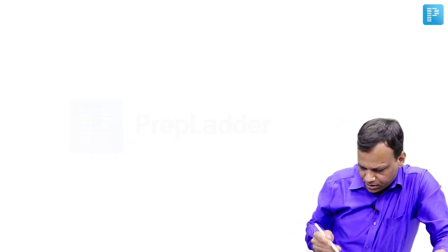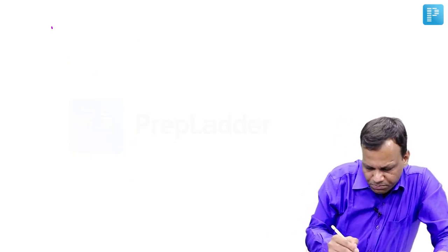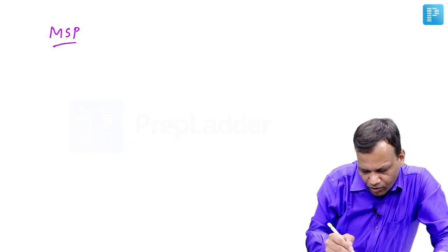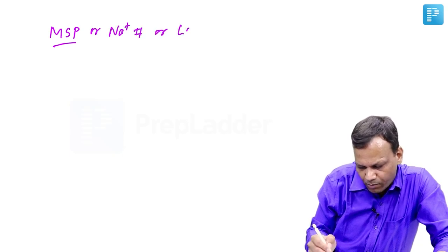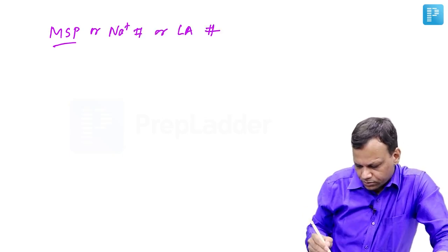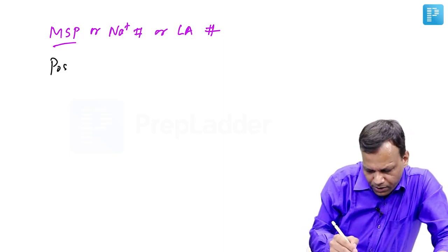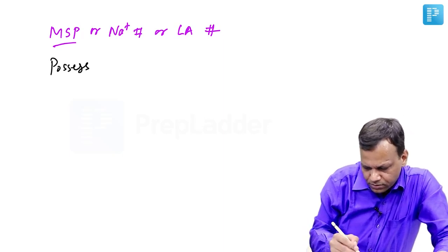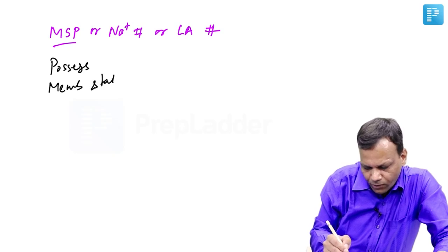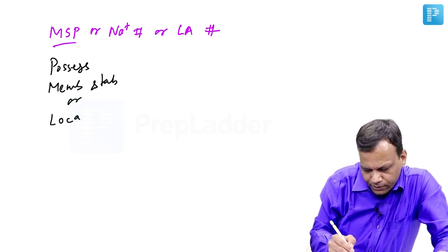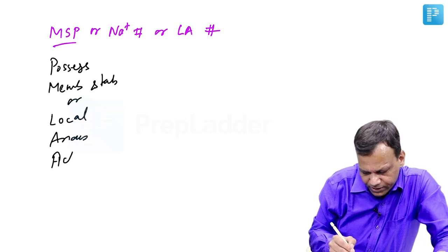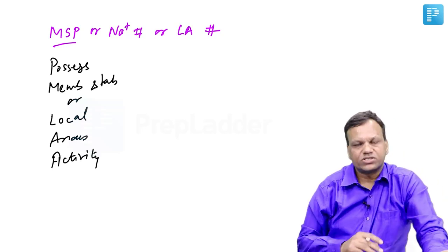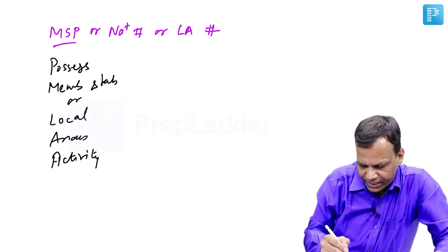Okay. Second important property of beta blocker is membrane stabilizing property, or we can say sodium channel blocking property, or we can say local anesthetic property. So these you can remember as possess membrane stabilizing or local anesthetic activity.